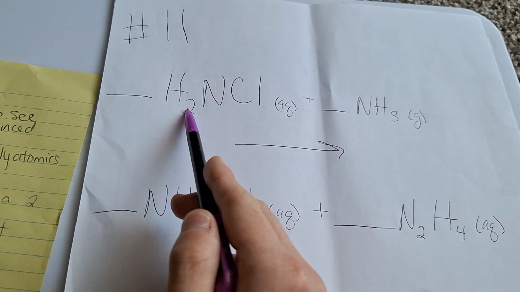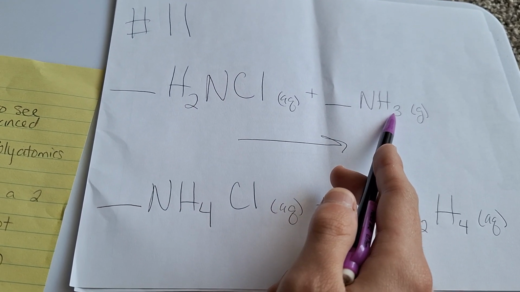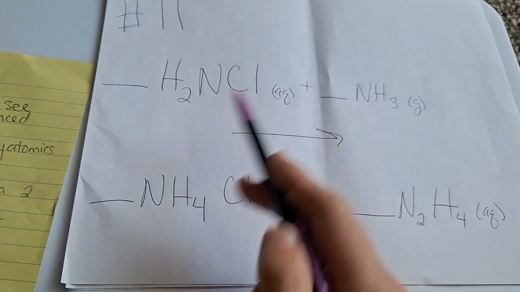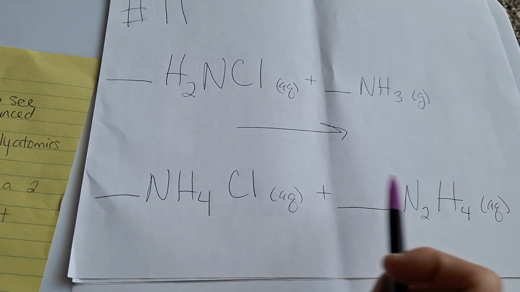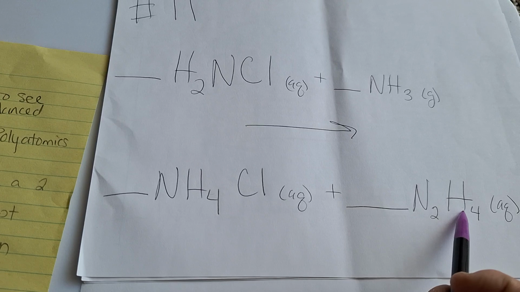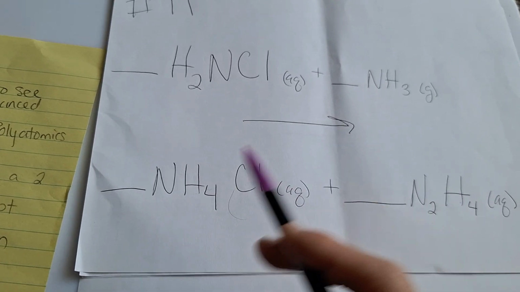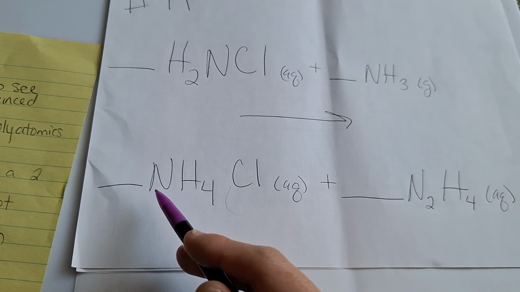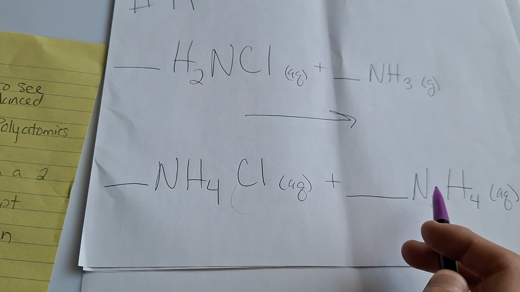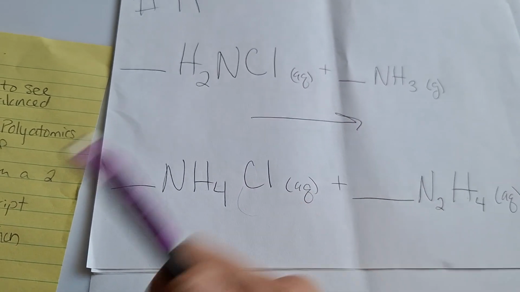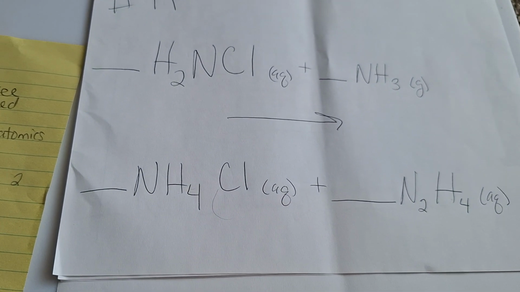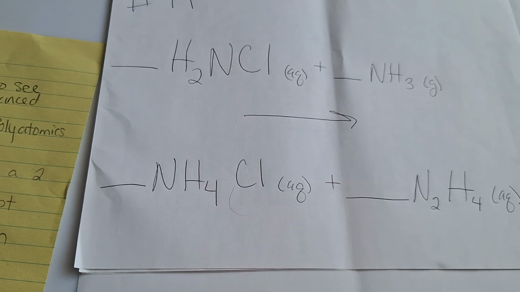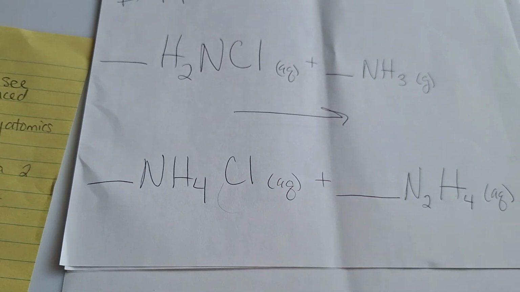Okay, so we have 2 here plus the 3, so 5, 4, plus 4, 8. So this isn't balanced at all. And then 3 nitrogen here, 2 nitrogen there. I don't know if I like all that. So we're going to have to figure out some confuddling here.